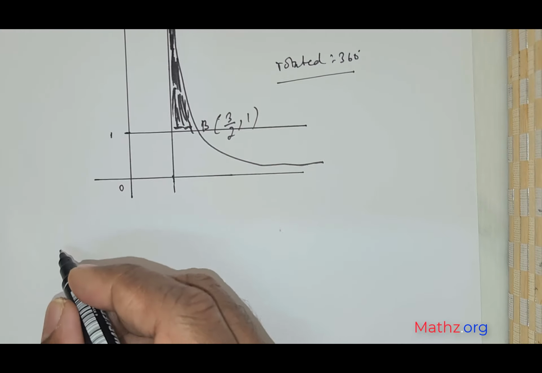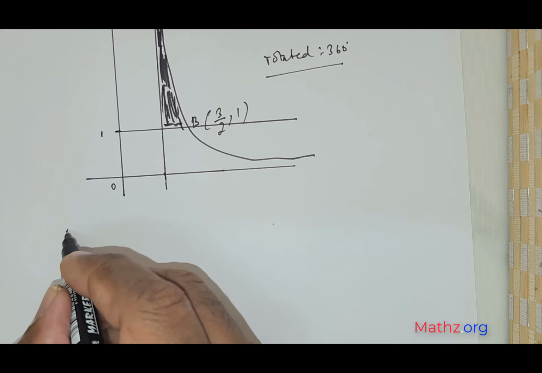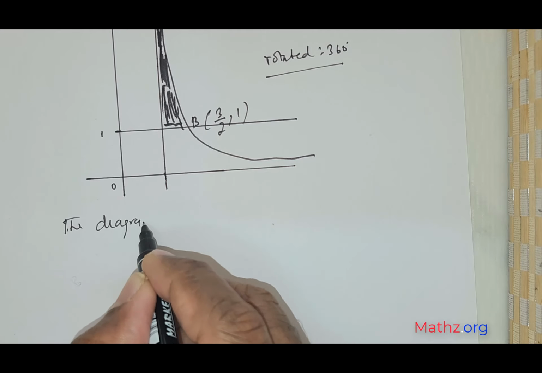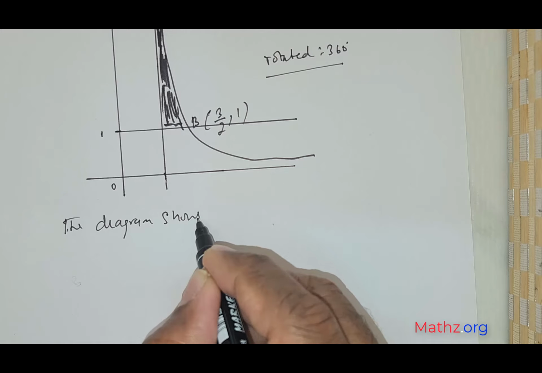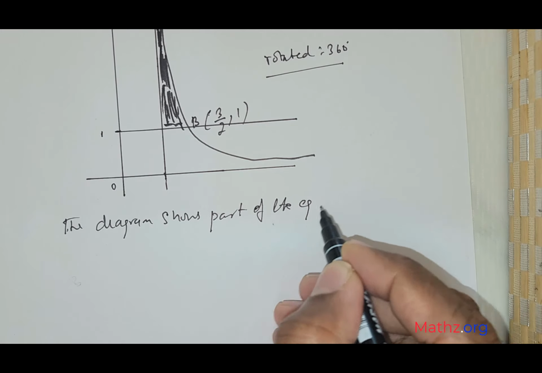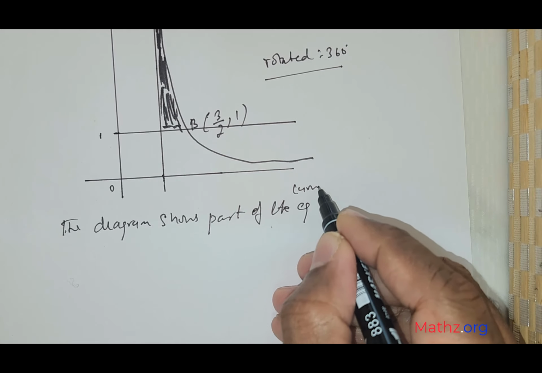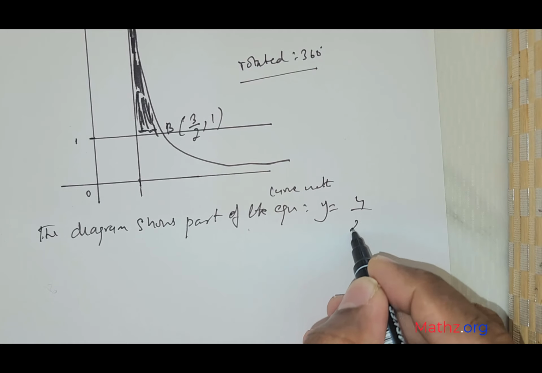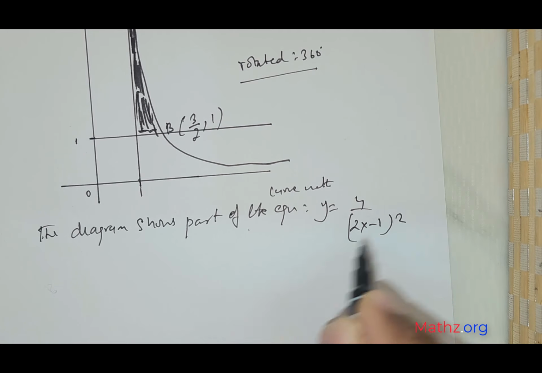So this is the figure. The question is, the diagram shows part of the curve with the equation y is equal to 4/(2x-1) raised to the power of 2.